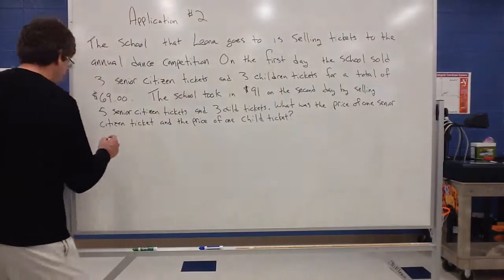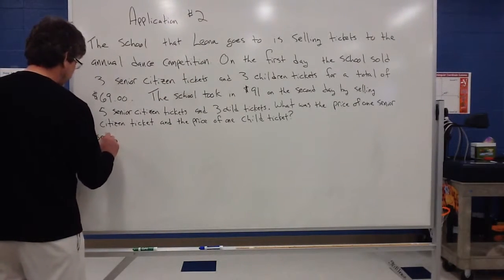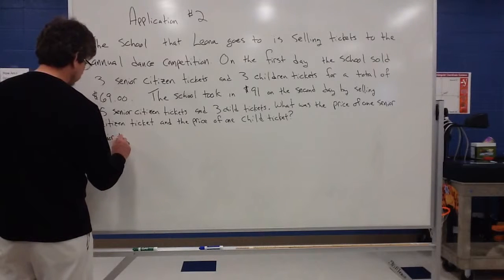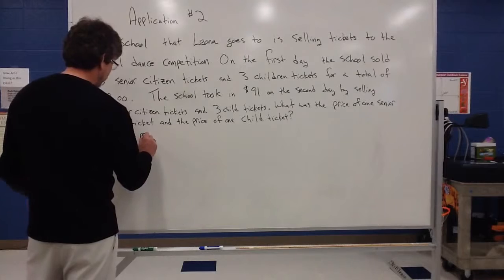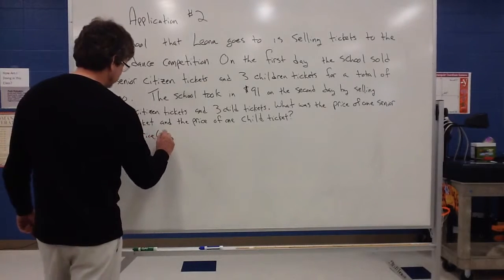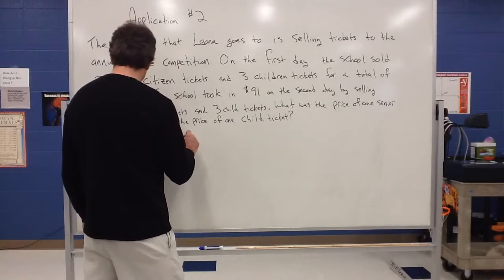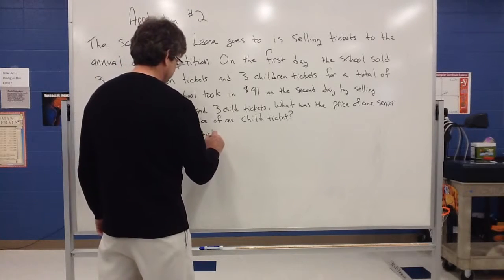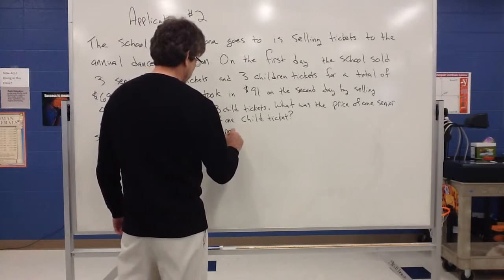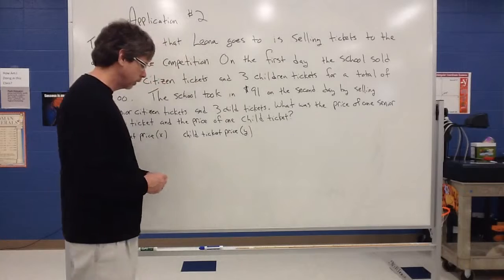So what we're looking for is the senior ticket price, which I could call X, and the child ticket price, and that would be maybe our Y.